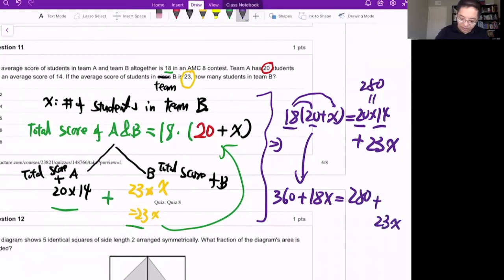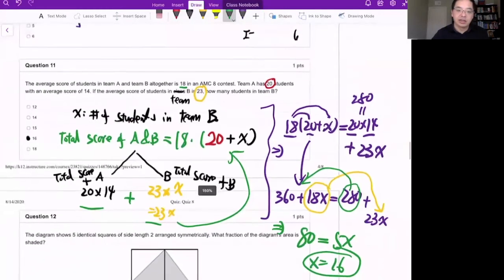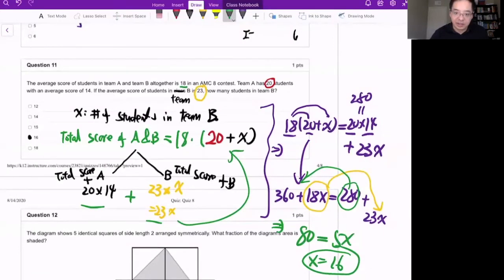Then we move the 18X to the right-hand side, and we move the 280 to the left-hand side. Finally, it reduces to 80 equals 5X, and then we get X is 16. So the number of students in team B is 16.